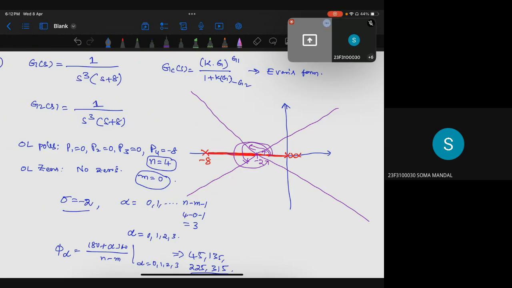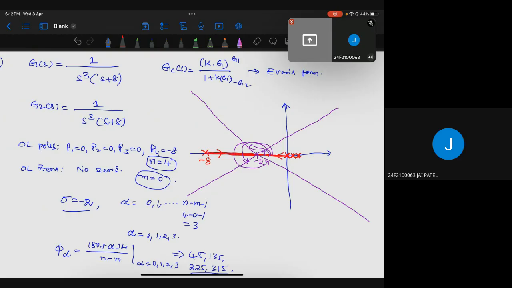Now tell me, what will happen to all these things? Can anybody tell me how the root locus will follow these asymptotes? Obviously you have four poles, four asymptotes. What will happen is, for this -8, if you do the calculations, you'll get the departure angle like this. It will travel in this direction. Similarly, for the other three poles you'll get departure angles like this.